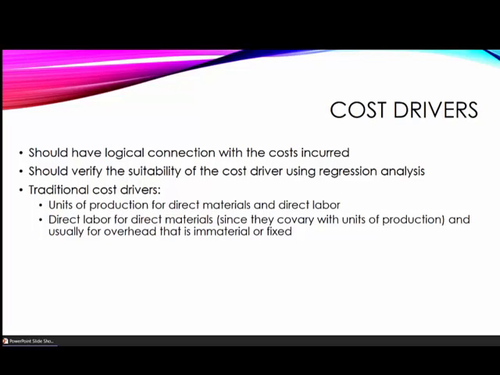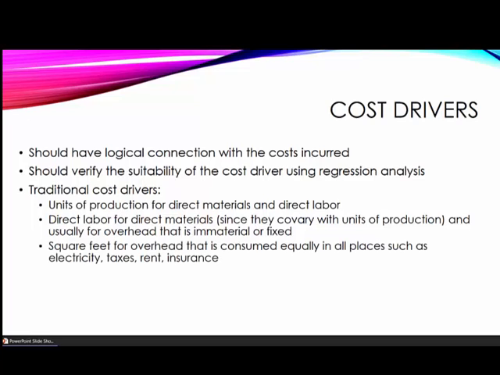And so a lot of times we use direct labor also as the cost driver for overhead that is either immaterial or fixed. It allocates, and that's an arbitrary measure. There is no real causality there, but it may co-vary enough to work.